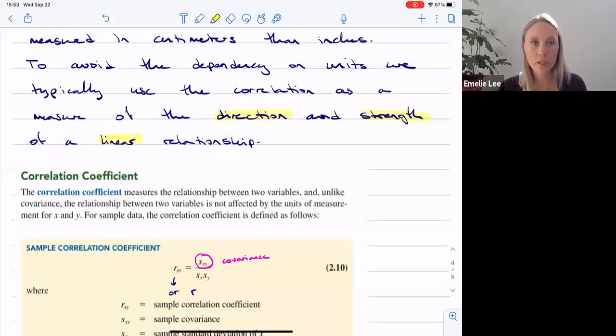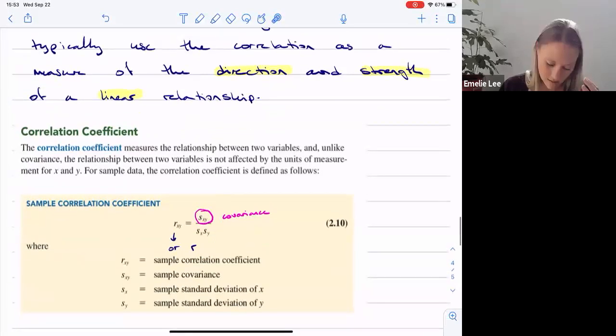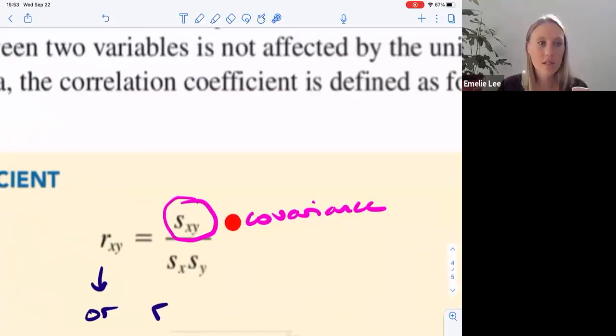And so in terms of the direction, well, we said that the covariance, if you have a positive relationship, is going to be positive, right? We also established last day or the day before that the standard deviations have to be positive. And so both the standard deviation of X and the standard deviation of Y are always positive, and so we're always dividing by a positive number.